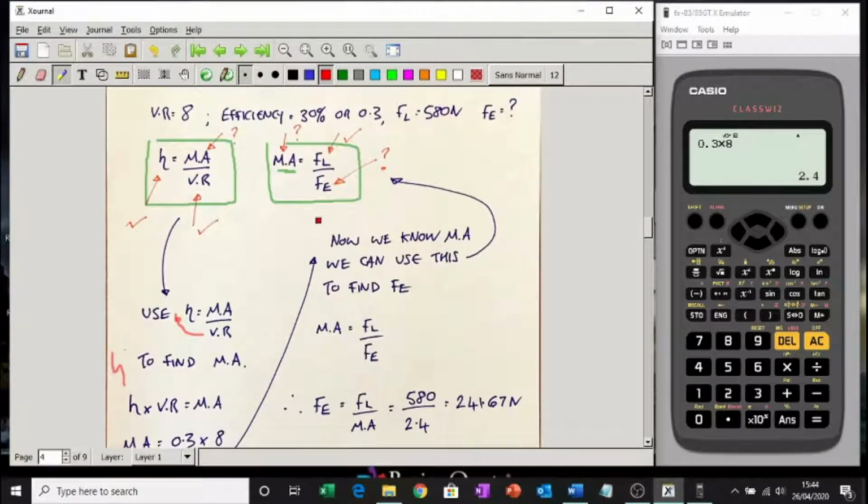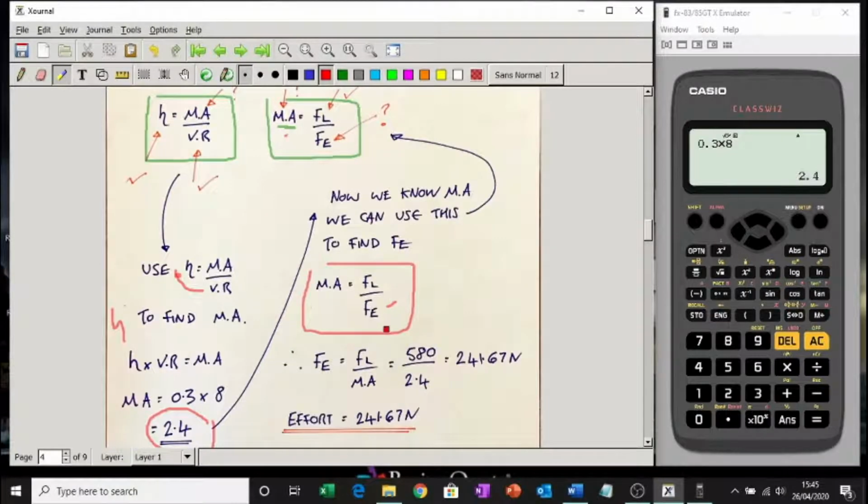So now we know this is 2.4, and we know FL, but we don't know FE, so we'll rearrange this formula now to find FE. And all I'm going to do is bring the FE up and bring the MA down.